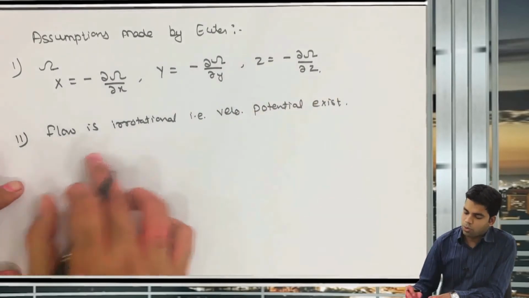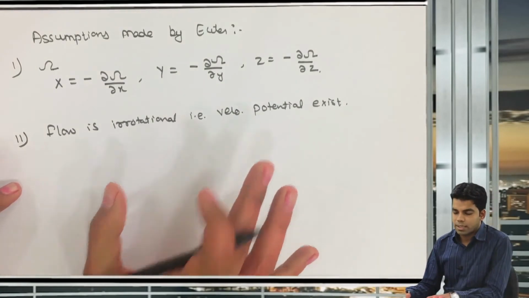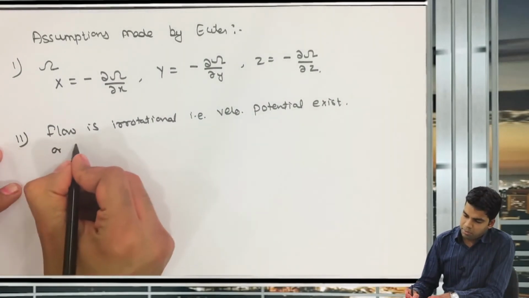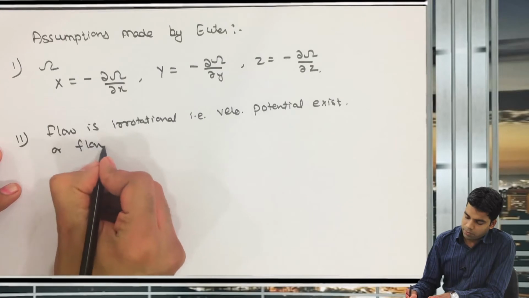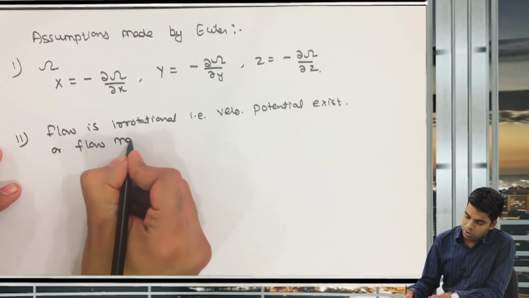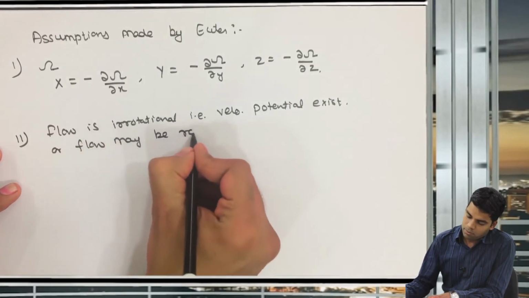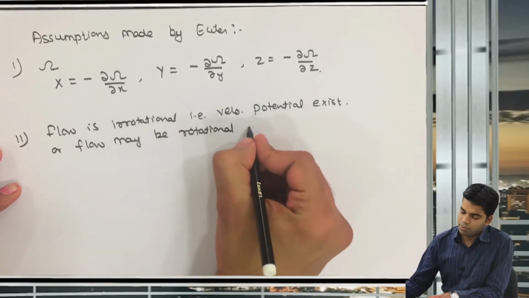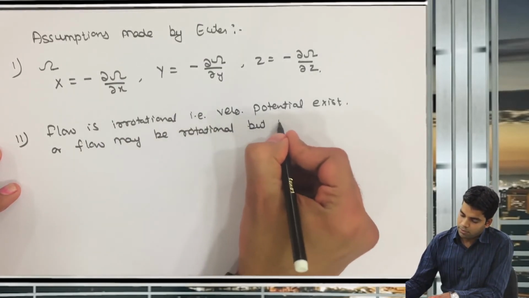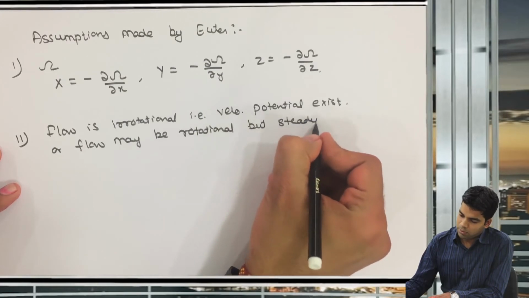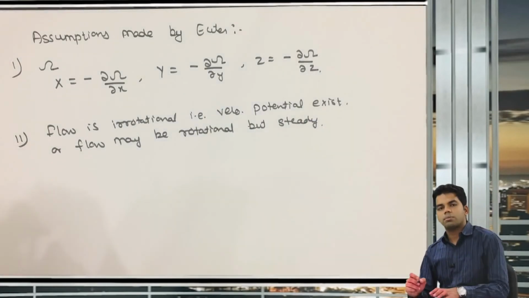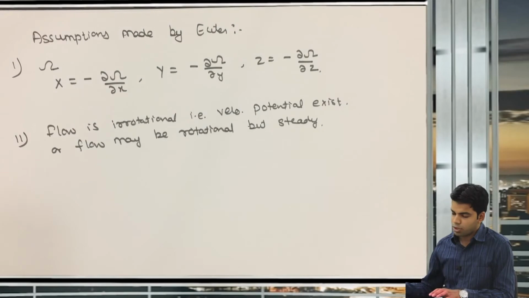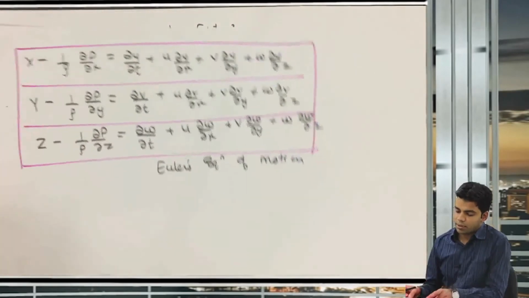Either the flow is irrotational and velocity potential exists, or the flow may be rotational but it must be steady. This is the second assumption.